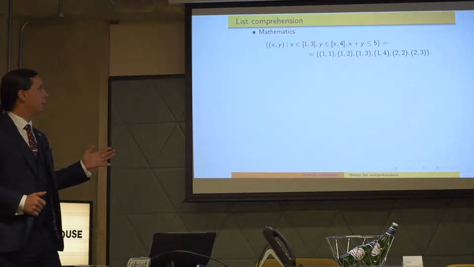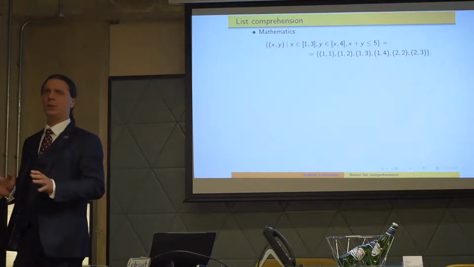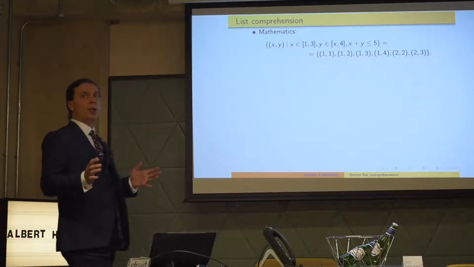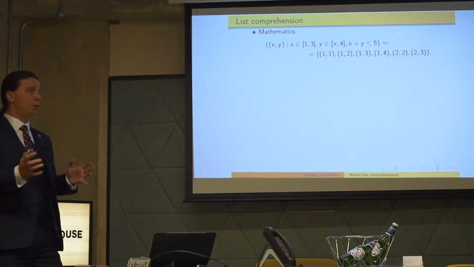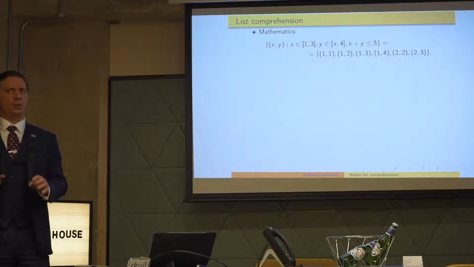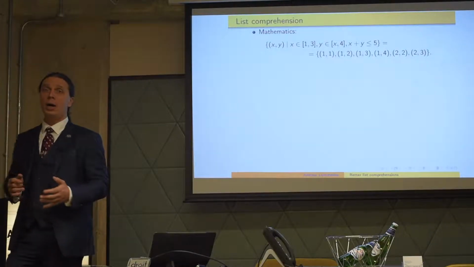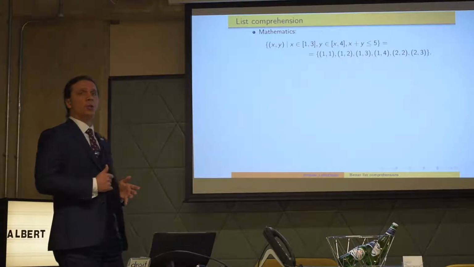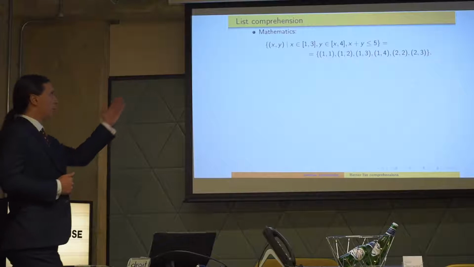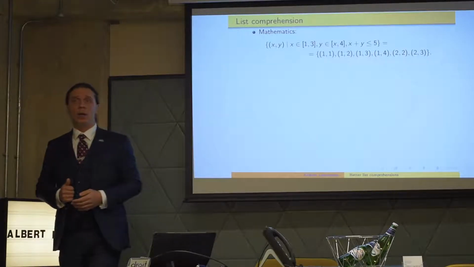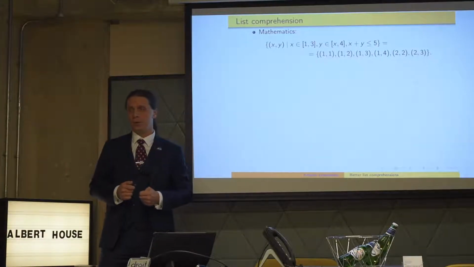Like here we say that x is an integer number, let it be an integer for simplicity, an integer number between 1 and 3, so potentially it could be 1, 2, 3. And we say that y is between x and 4, and let's assume that it's also an integer number. So depending on x, we have different potential values of y, and we write down a couple of conditions on x and y, which will filter out our input. So for example, this set builder notation describes a set of 6 elements, of 6 pairs of integer numbers.